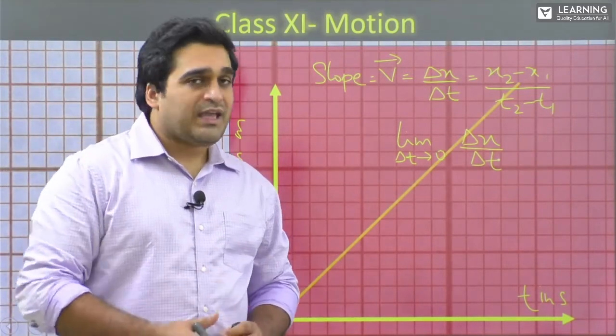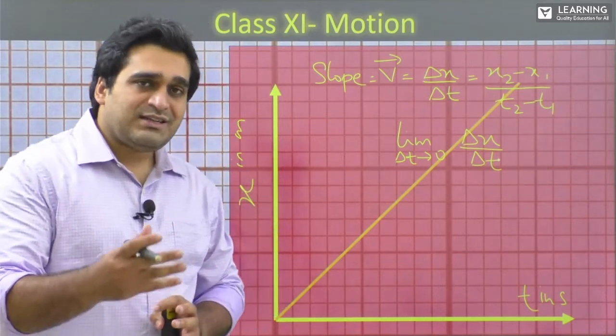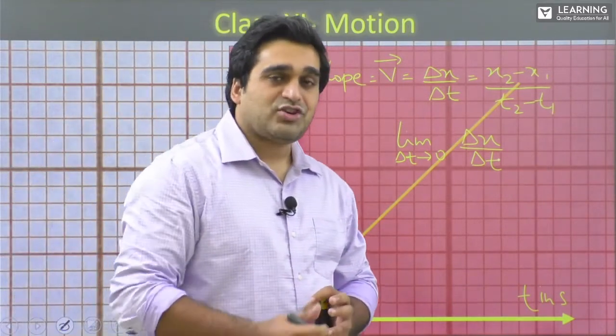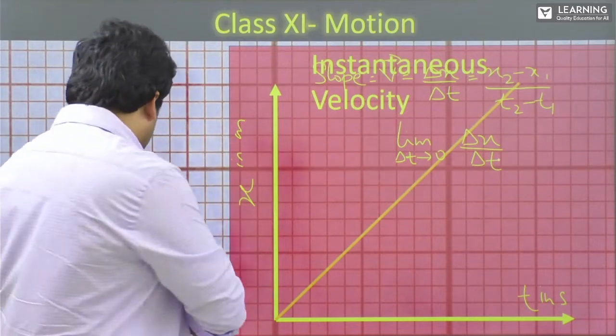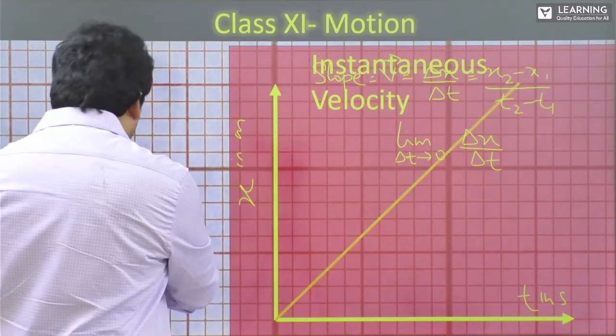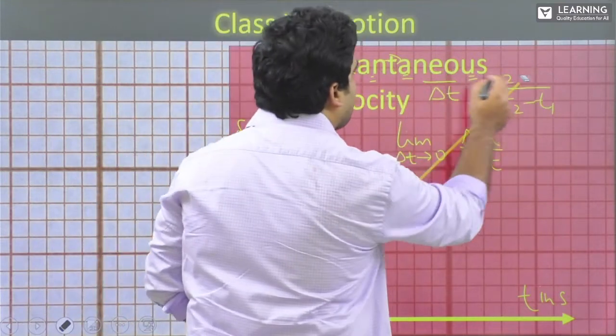In such cases, the velocity you obtain is called an instantaneous velocity. I'll erase the top part so that it is visible to you.